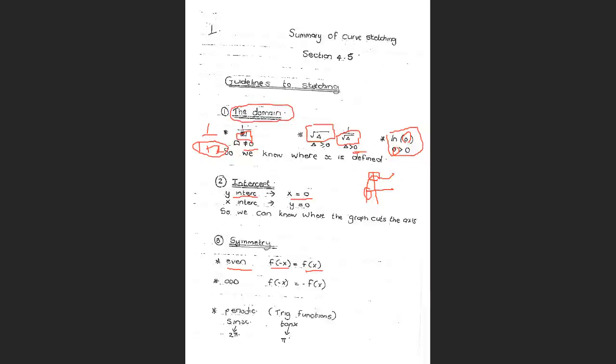If the function is odd, then f of minus x is going to be minus f of x. Then take note that your trig functions are periodic. Sine and cos have a period of 2 pi, while for tan, the period is pi. What that means is that from 0 to 2 pi, once you move past 2 pi, the function starts again. It repeats itself. That's why if I give you a trig function, I will usually restrict the domain, all right?